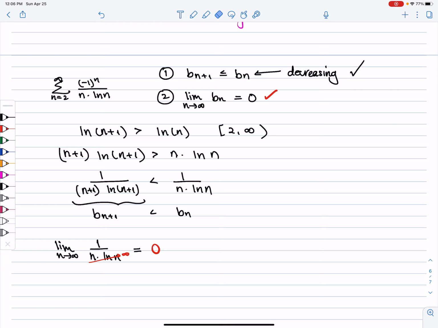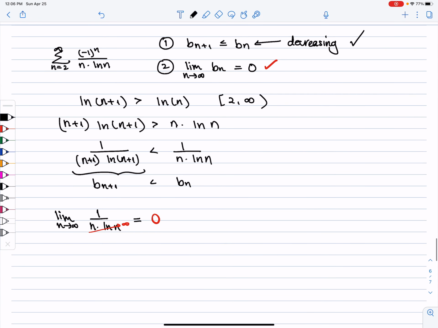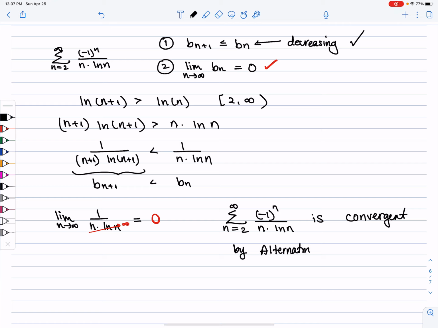So since the two conditions are met, we can say that sigma as n goes from 2 to infinity of -1 to the n over n times ln of n is convergent by the alternating series test.